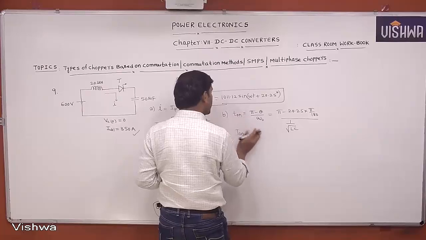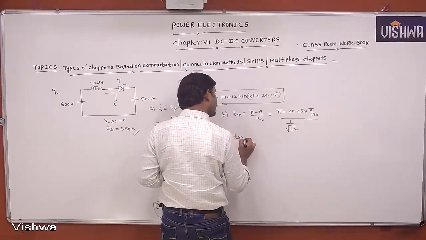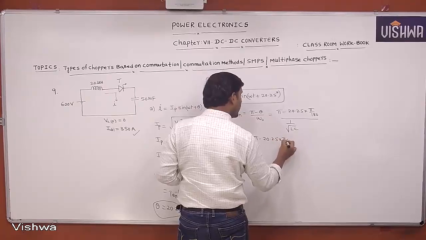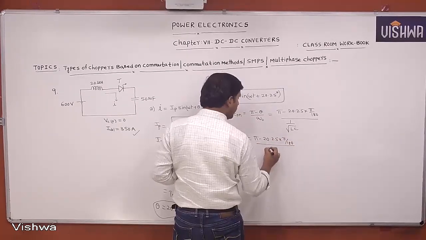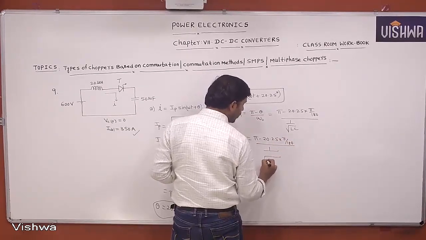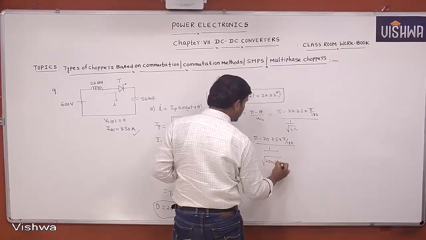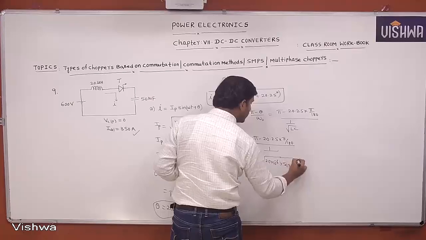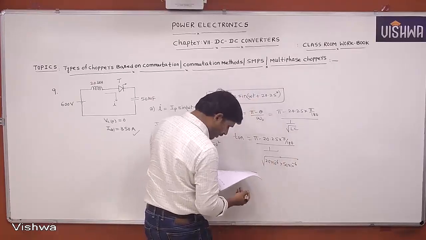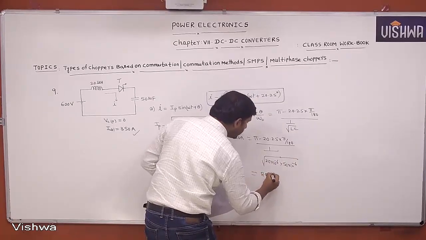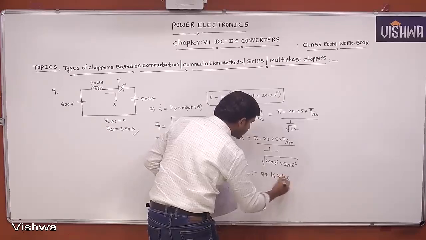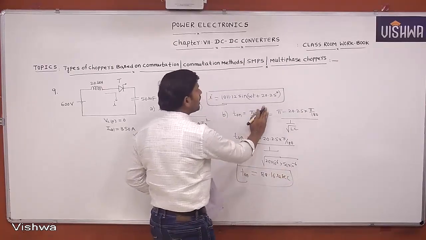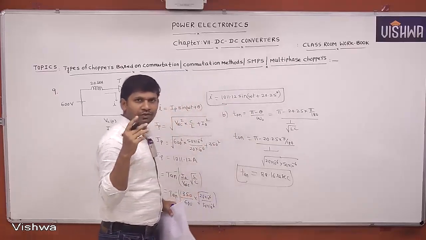T on equals pi minus 20.25 into pi by 180, divided by 1 by root LC, where L is 20 microhenry and C is 50 microfarad. Then you simplify this and we get T on equal to 88.16 microseconds. This is the on time of the thyristor. If it is not there, pi root LC, I told you, theta is 0.